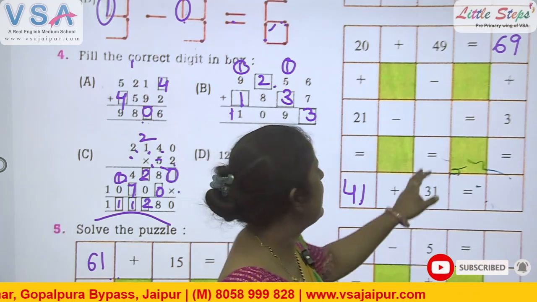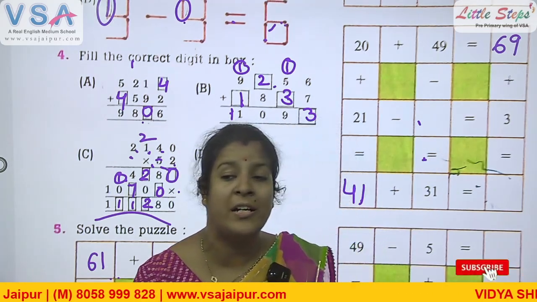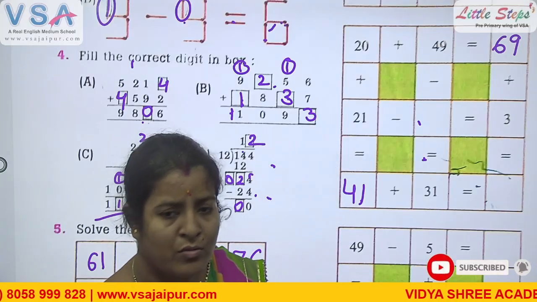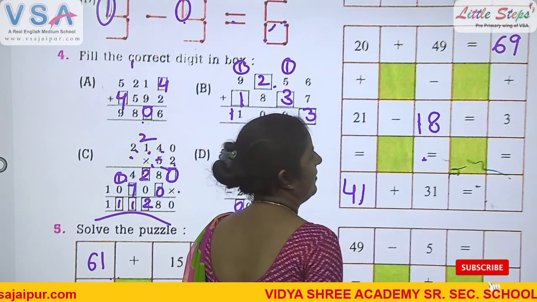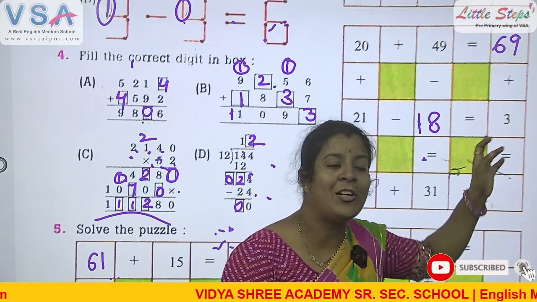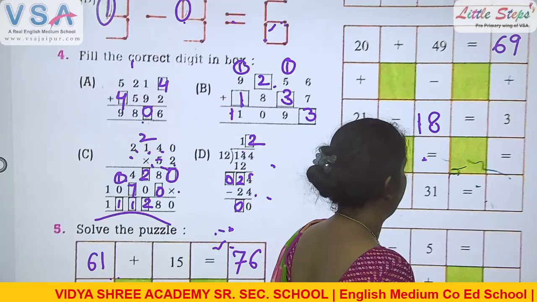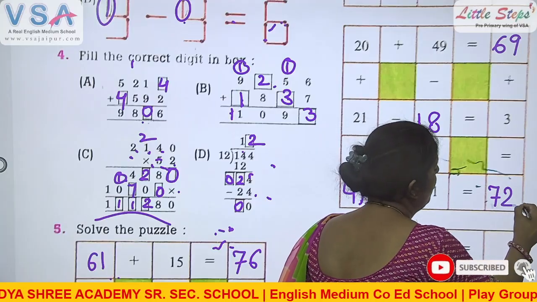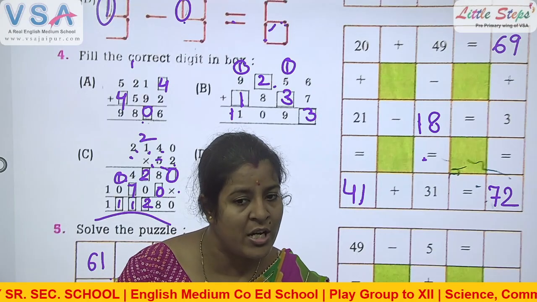And which number on this side, 49 minus dash equal to 31, yes Divanshu, 18, so write the number. And 21 minus 18 is equal to 3 also, 69 plus 3, 72. Do you understand this question?